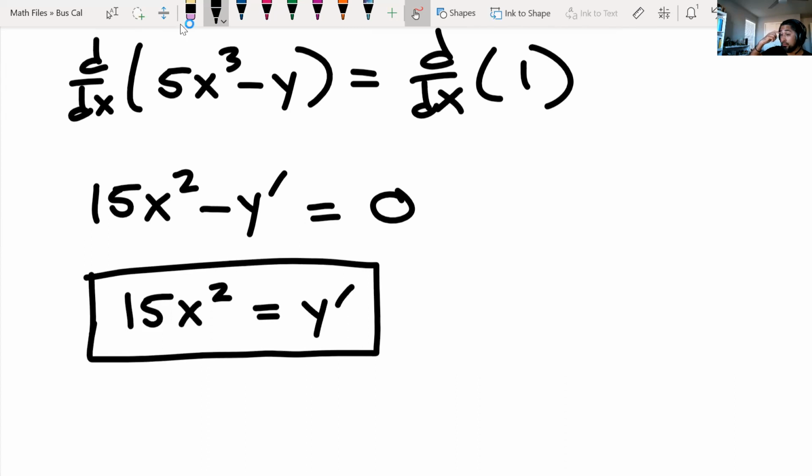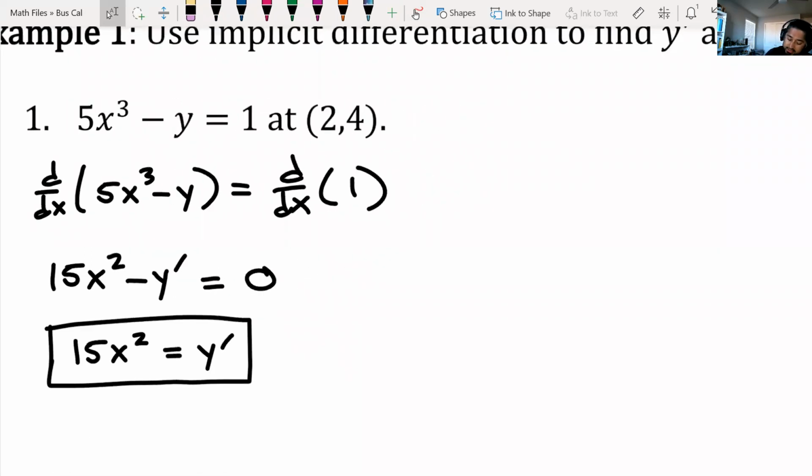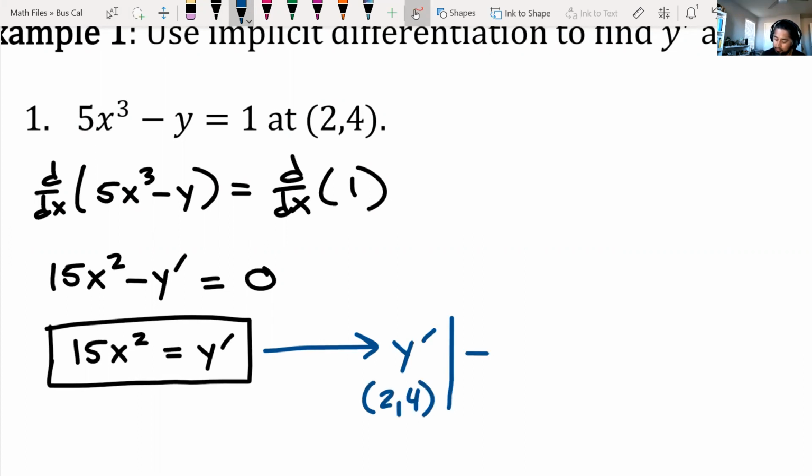There's our implicit derivative. And now what we're going to do is evaluate it at the point 2, 4. So the way that notation works is we're going to say y prime evaluated at the point 2, 4.